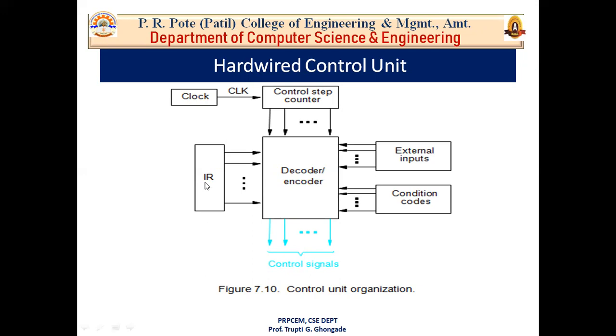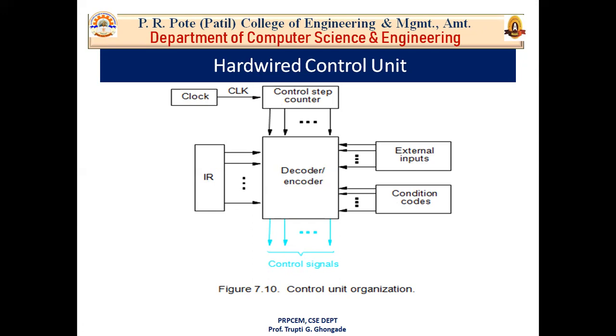The contents of the IR are given to the decoder and encoder, and the step counter output is also given as an input to this decoder and encoder. Condition code flags and external inputs are also given to this decoder and encoder, and depending on all these contents, it is responsible for generating the control signals.